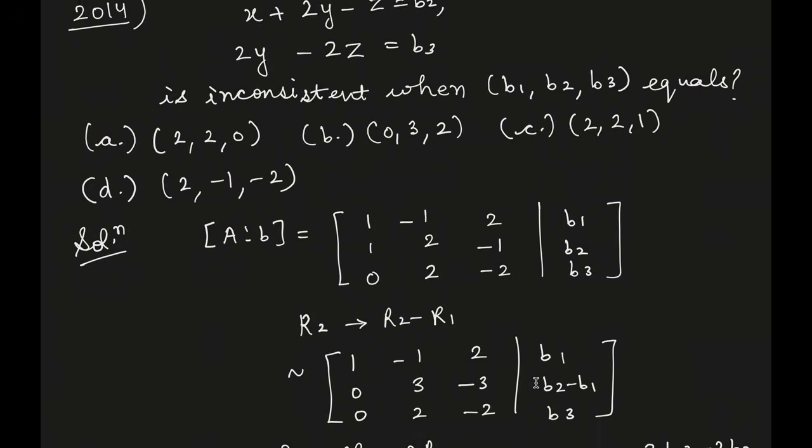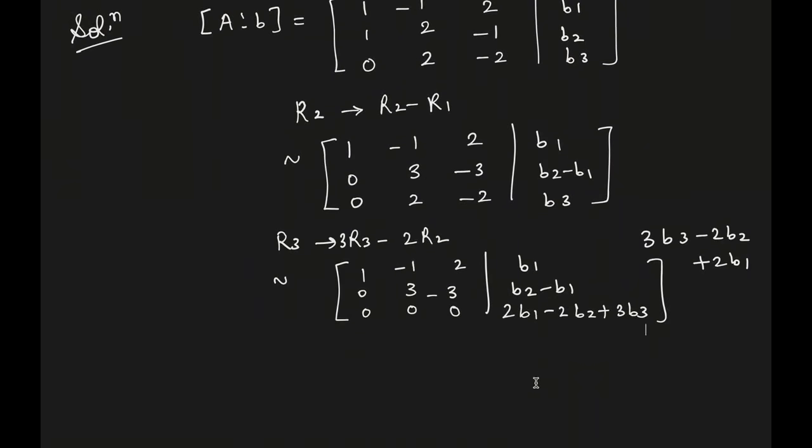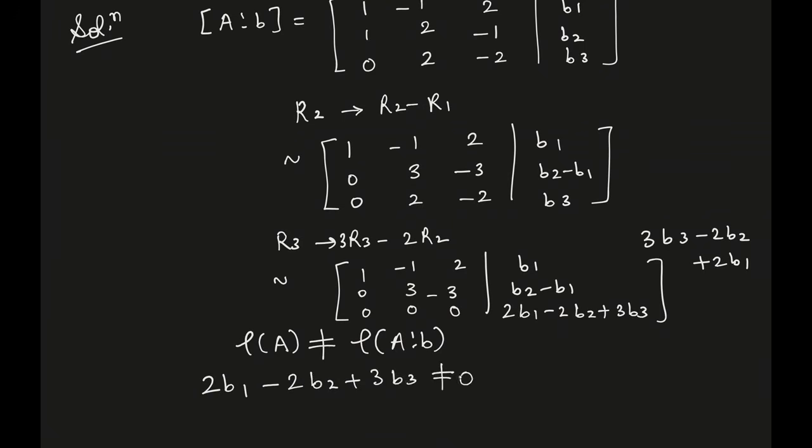Now I want to find inconsistent. The system is inconsistent if rank of A is not equal to rank of the augmented matrix, no solution. So I need to check that 2b1 minus 2b2 plus 3b3 should be non-zero. Then only the system will be inconsistent.